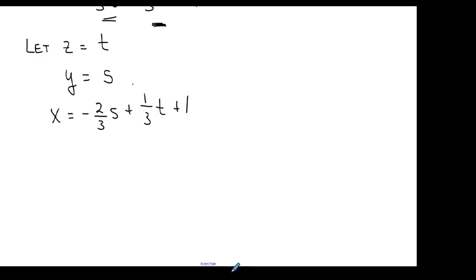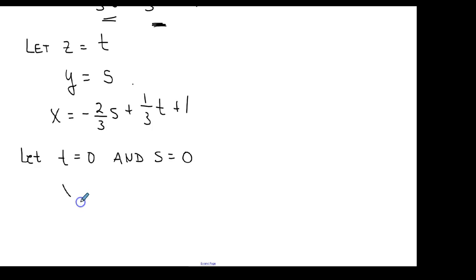Then to get a solution, we could choose numbers for t and s. Suppose we let t equal 0 and also let s equal 0.